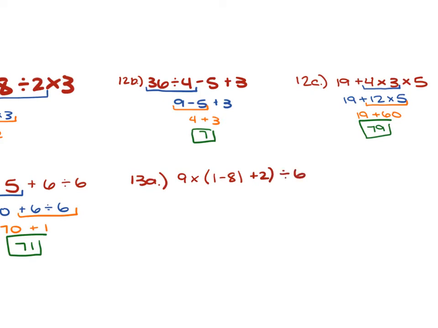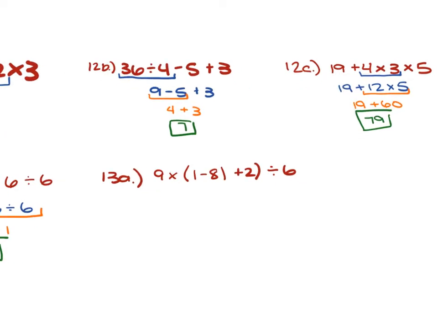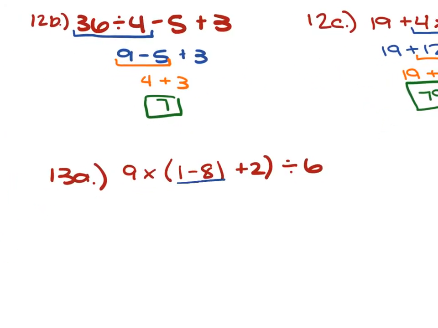We're going to start with parentheses. Inside the parentheses, we have the absolute value of negative 8 plus 2. So the absolute value of negative 8 is 8. So this is going to become 9 times the parentheses 8 plus 2, close parentheses, divided by 6.